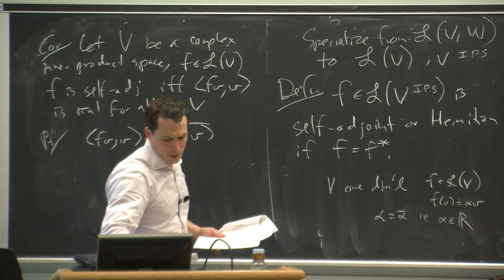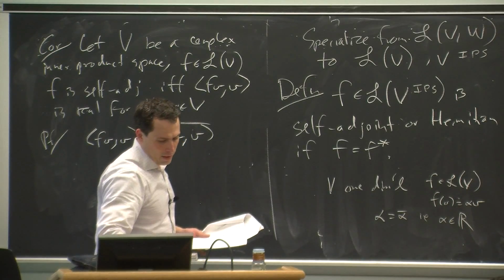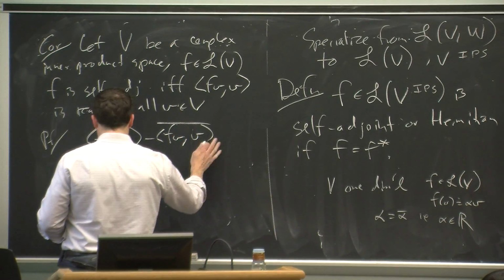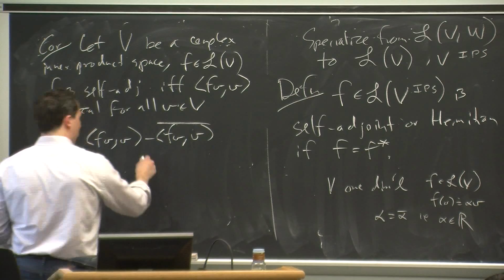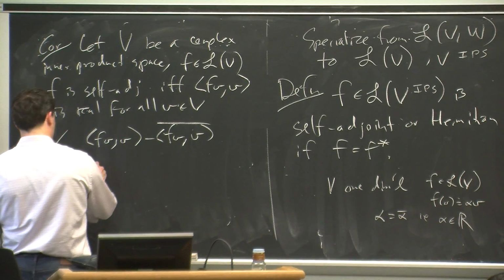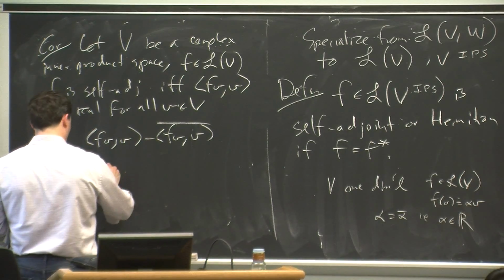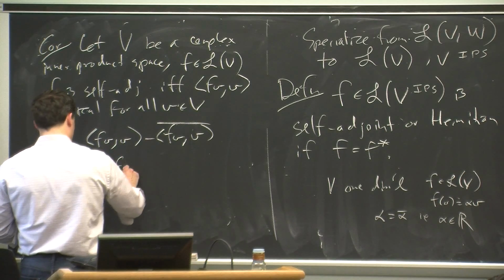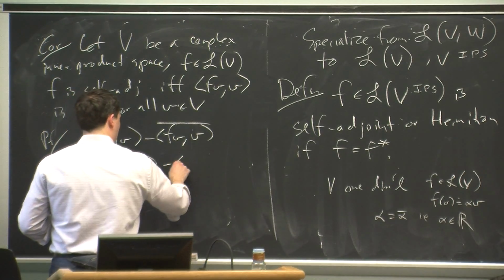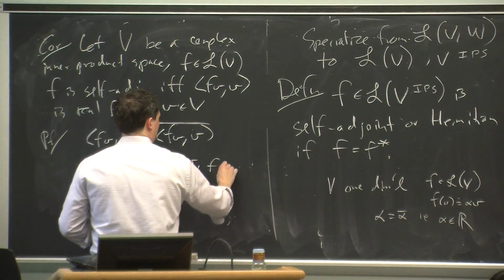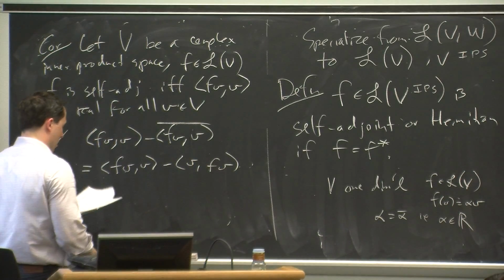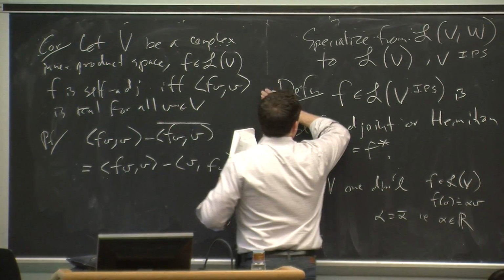So if that's zero, then we're in the situation of being real. So we'd like that to be zero, and we can compute what that is and see what happens. By conjugate linearity, I can rewrite that as ⟨F(V), V⟩ minus ⟨V, F(V)⟩. That is, I can get rid of the conjugate at the cost of flipping the order of the inner product.